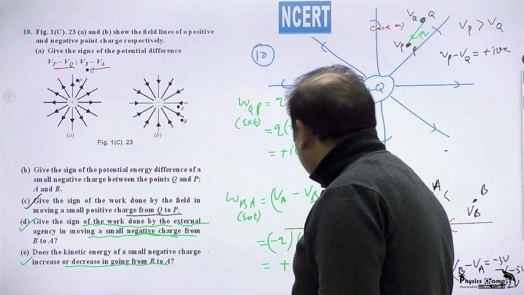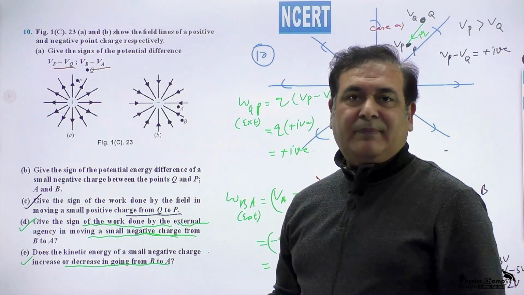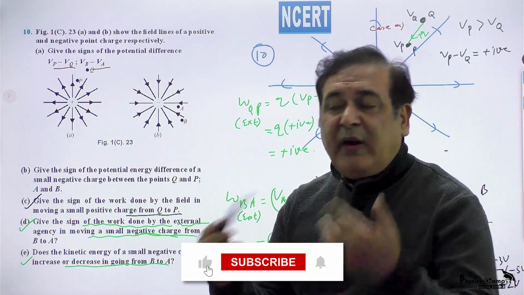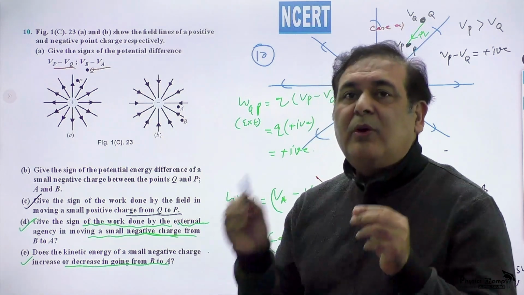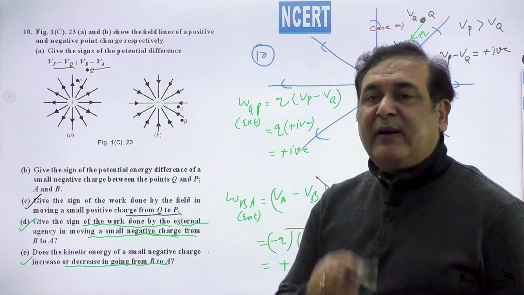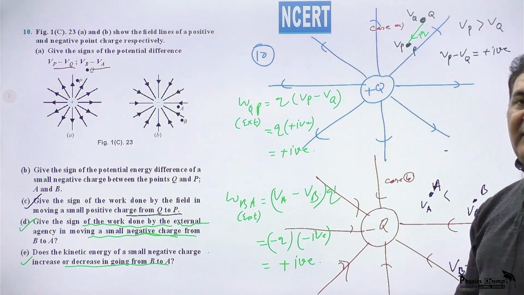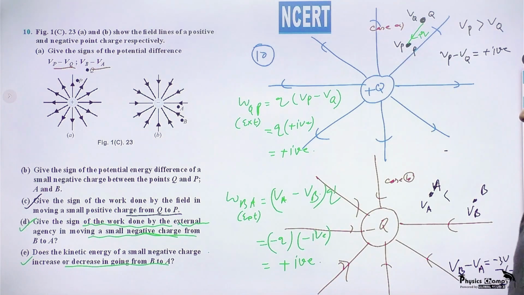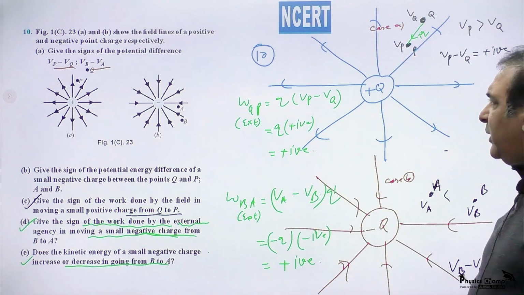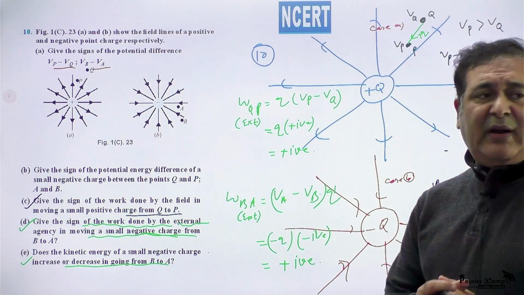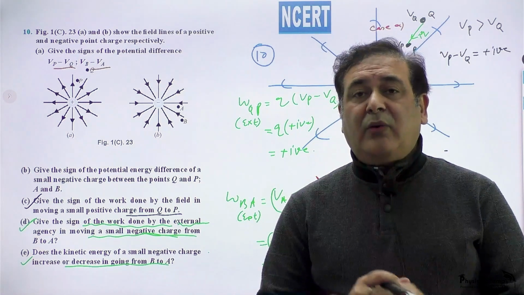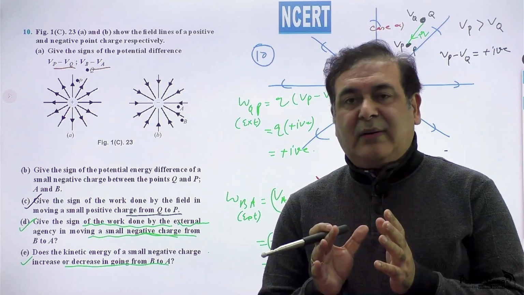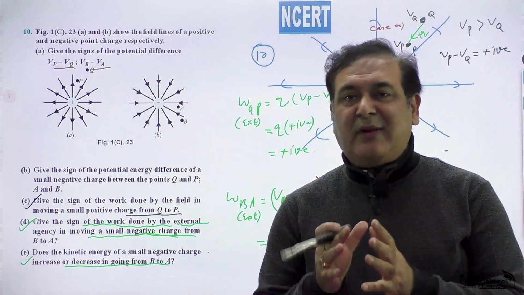You require this much work from outside, it is not coming, it means this energy will be consumed from it. So kinetic energy will decrease in going from B to A. So that's how you have these NCERT questions, and I hope you have now gained good confidence on NCERT questions also.